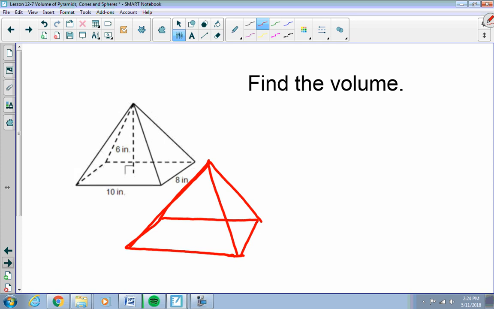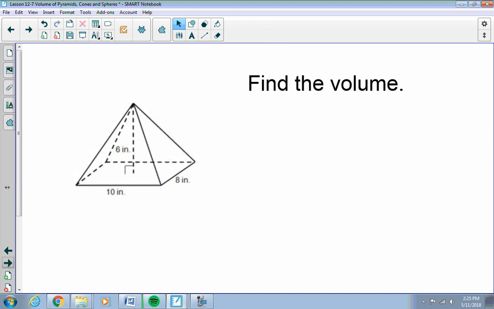And there's my pyramid. It's a little tilted, it's hard for me to write straight on this side of the board. So that's a pyramid. Make sure if you need an example, you draw something like that in your notebook. And then make sure that you get the dimensions in there.